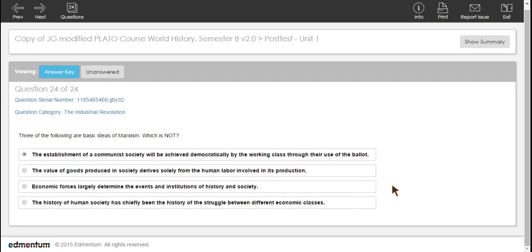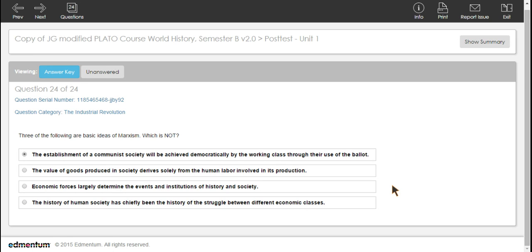Three of the following are basic ideas of Marxism, which is not? The establishment of a communist society will be achieved democratically by the working class through the use of the ballot. The value of goods produced in a society derives solely from the human labor involved in its production. Economic forces largely determine the events and institutions of history and society, or the history of society has chiefly been the history of the struggle between different economic classes.